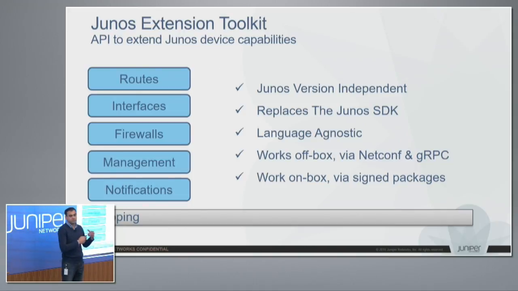So there's really no limit to what kind of language support there is with these APIs. The good thing is the applications that you develop could work on the box on a Junos device, just like we have features running on the box, or they could run externally as well and talk through things like gRPC and back into the box, into the control plane, for example.